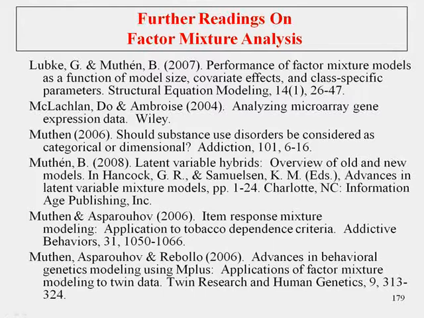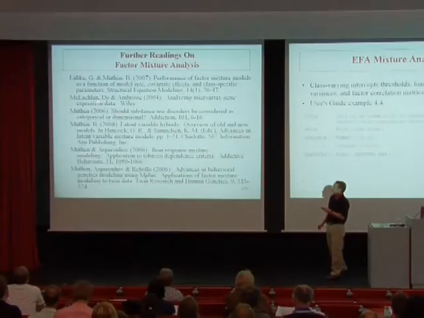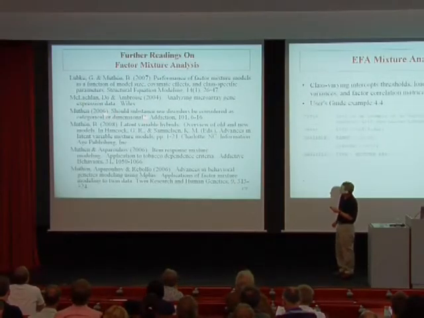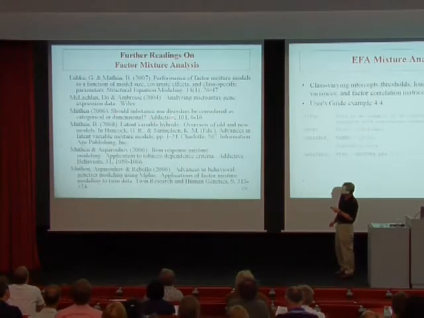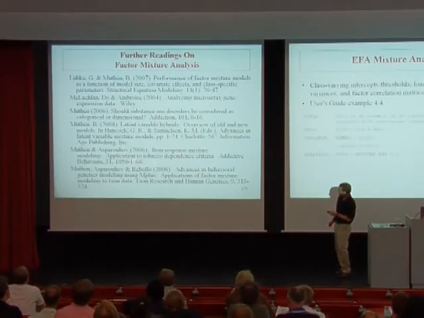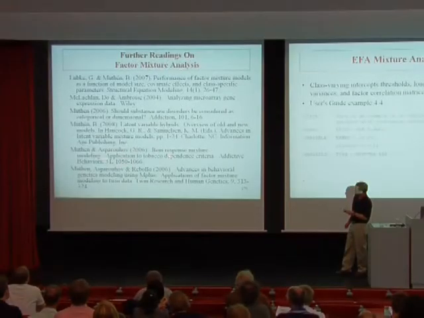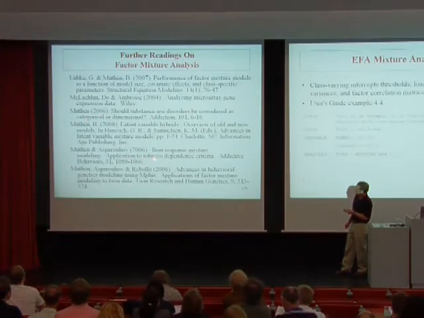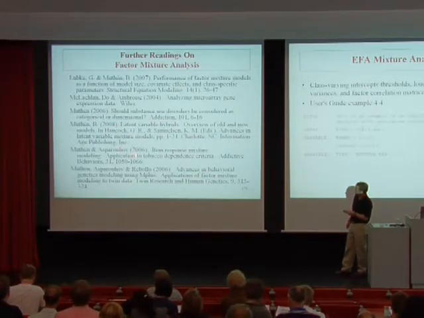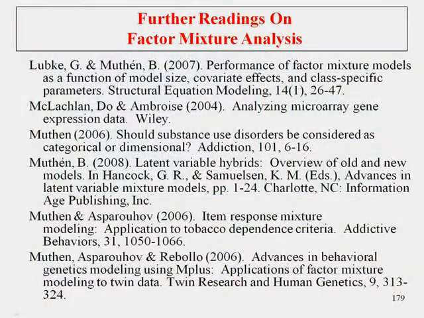Gita Lupke and I have done some work on that, and I did two papers referring to substance abuse, one in addiction for the Alcohol Institute in Washington, NIAAA, and the other for the Drug Institute, NIDA, in Washington. So this article I did first, maybe this one is a little bit clearer, talking about alcohol up here, talking about tobacco down here. And here's the overview paper that had that previous picture in it. And all of these are on our website. Here's the behavior genetics application.